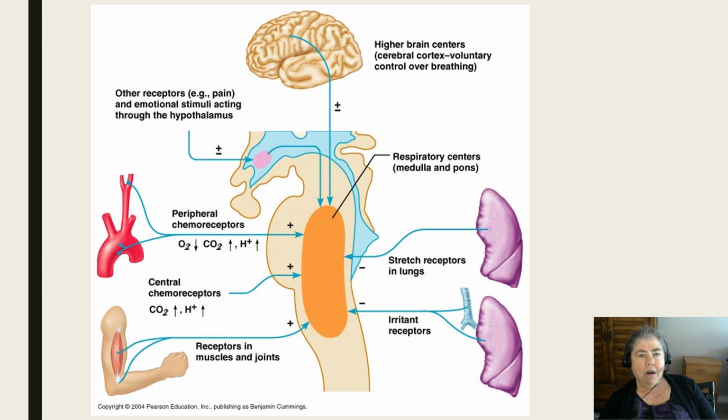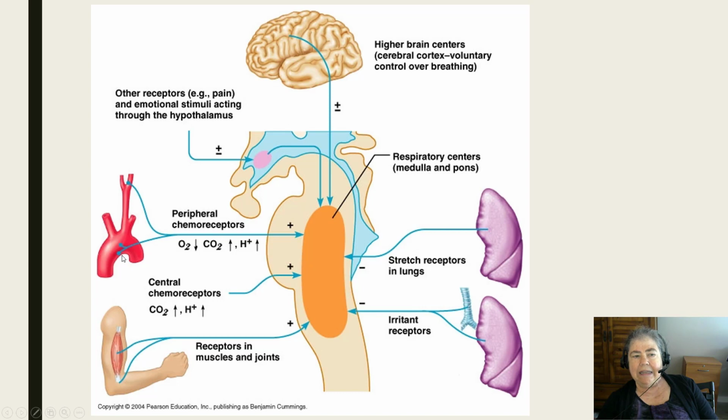So, where are these receptors? Well, some of them are central and some of them are peripheral, as I said before. There are chemoreceptors in two places peripherally.